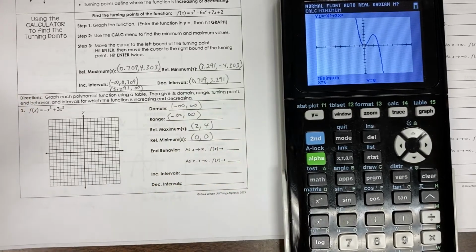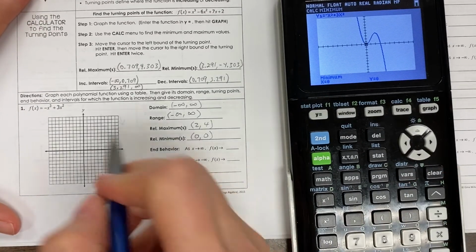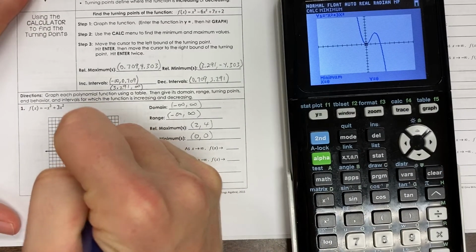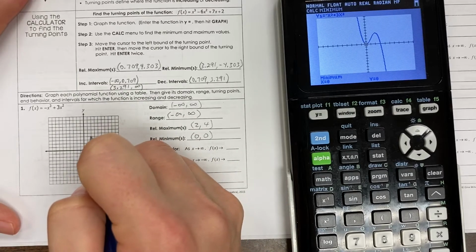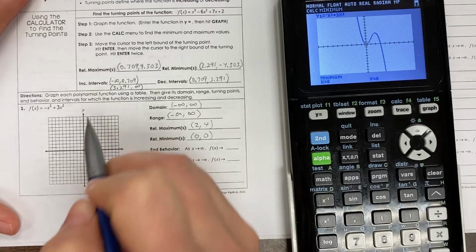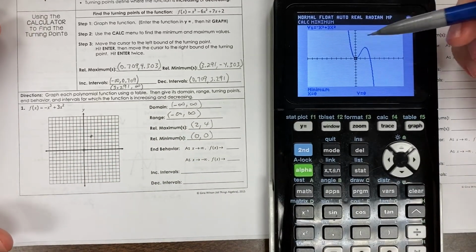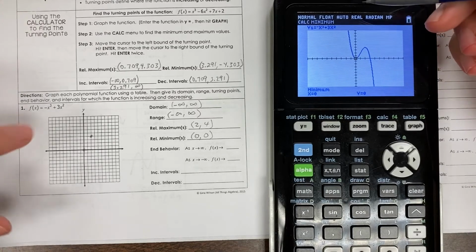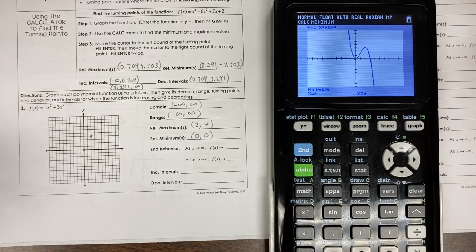So those are some points on the graph, and let's go ahead and plot those. So 0, 0 is a point. So is 2, 4. All right. Now we need additional points because we don't want to just draw some random curve here and make it really crappy looking.